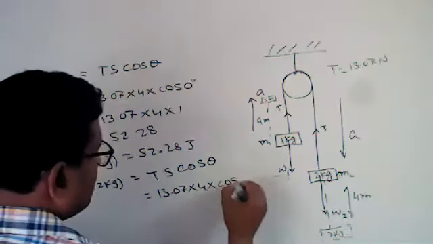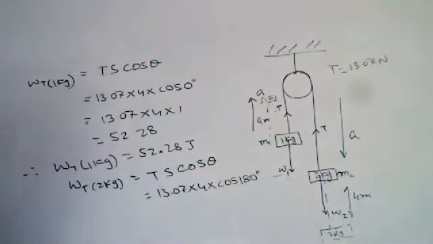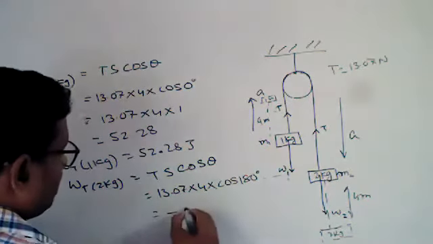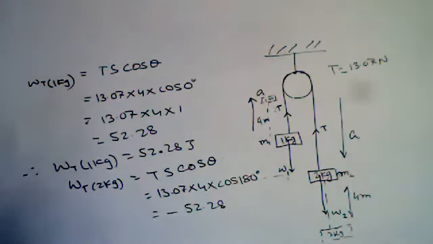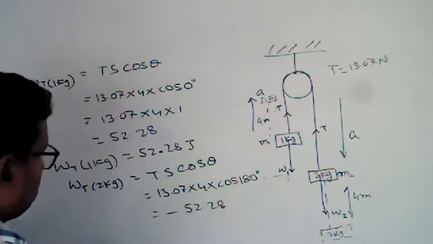So cos 180 degree, it will be 13.07 into 4, minus 52.28 joule.